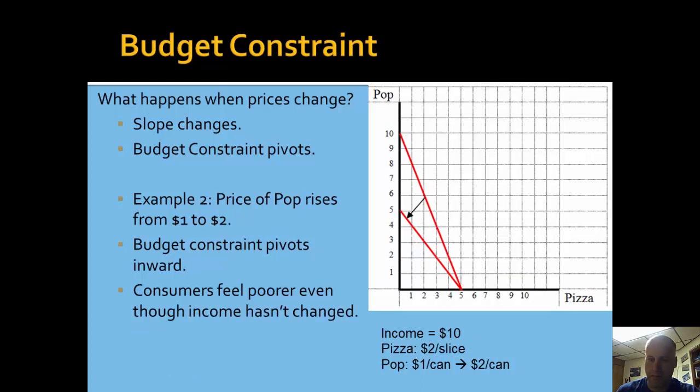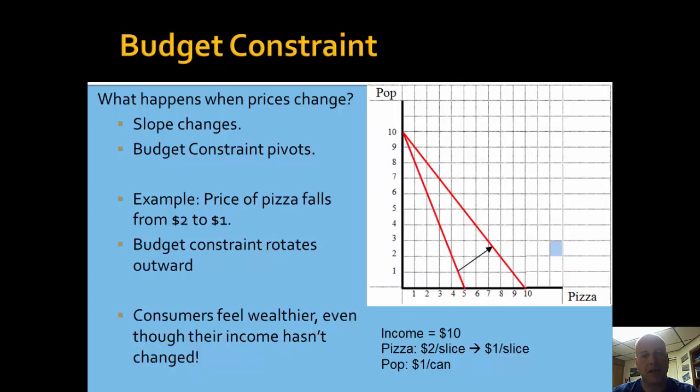But when the price of pizza falls from $2 to $1, the budget line swings outward, and you can see that the slope of the new line is equal to -1, the price of pizza over the price of pop. So on the new budget constraint, every slice of pizza costs us 1 can of pop.